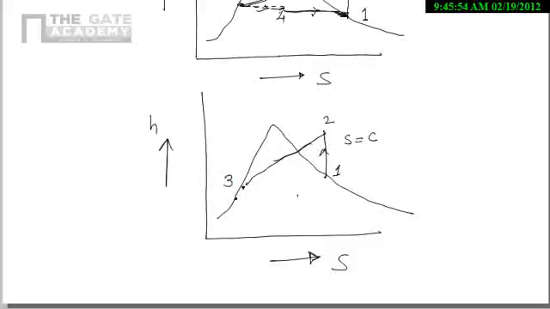And 3 to 4 is a constant enthalpy process, and 4 to 1 again constant pressure heat addition. So it's a typical representation of vapor compression refrigeration cycle on HS diagram.